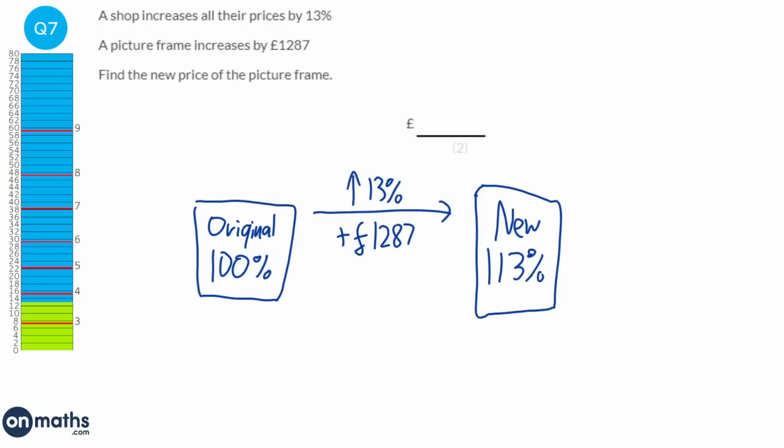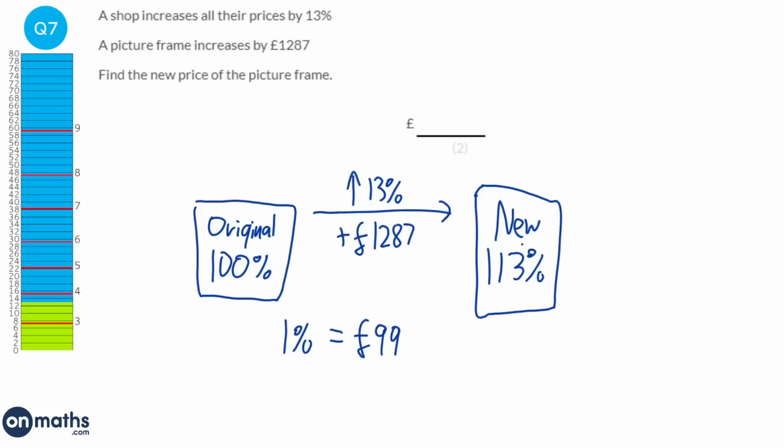So what we're going to do is work out what 1% of the price increase is. Instead of 13%, we're going to work out what 1% is. And we're going to do that by dividing the amount by 13. And we get 99. So 1% represents £99. So 1% of the original represents £99.